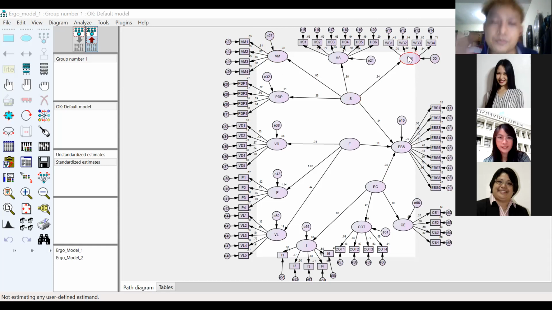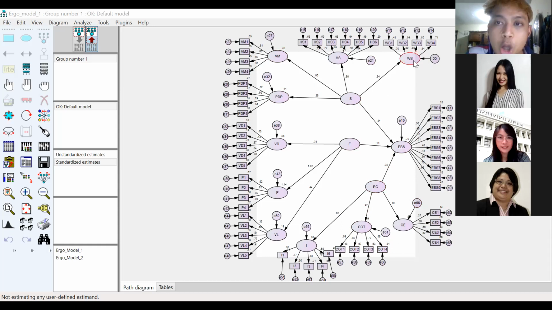But we would like to see, among those, which one is actually contributing quite a lot. For example, SE and EC, which one is more important to EBS? Of course, the EC. But among EC, COT has the highest effect, followed by this one and this one. You can see the connection.